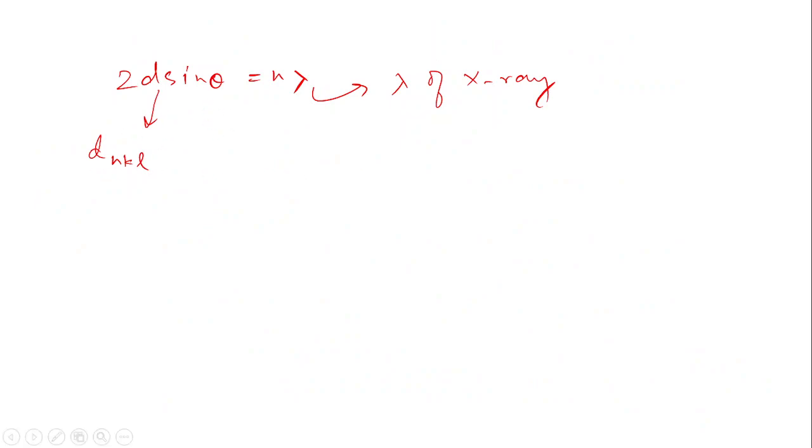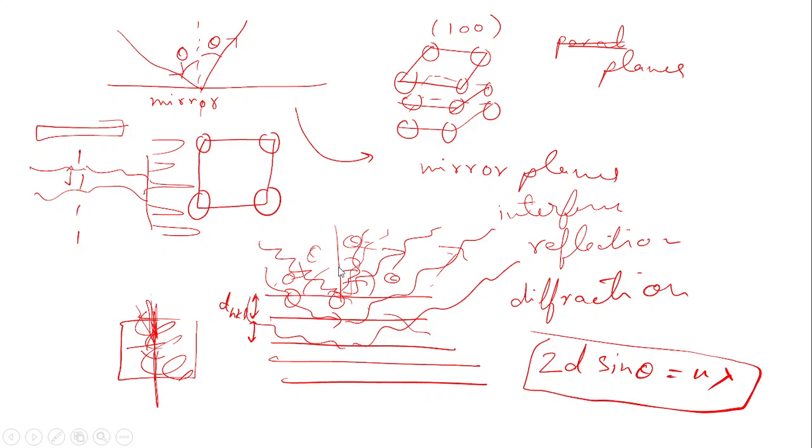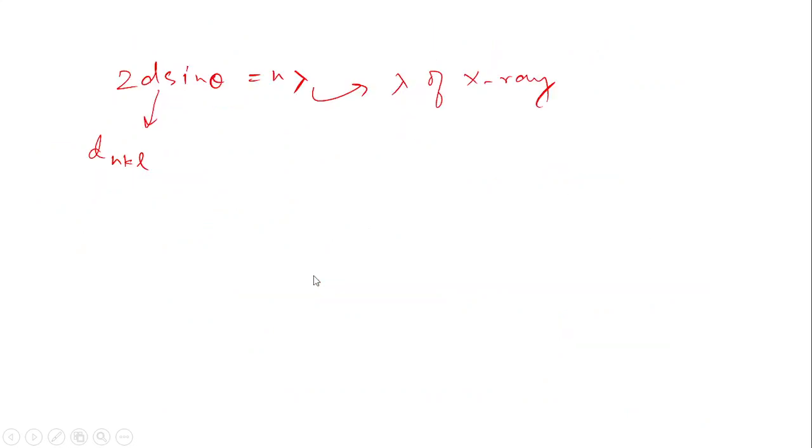Now theta is the angle of incidence, or sometimes we take the glancing angle or grazing angle. Angle of incidence is usually taken like this: if the incident ray is this, then this is the angle of incidence from the normal. But if this is the normal and the light wave is coming like this, and instead of taking the angle from the normal, we take the angle from this surface, then that is called the glancing angle.